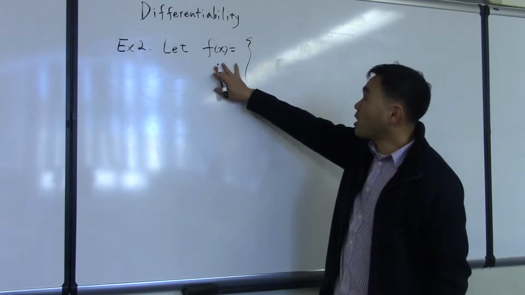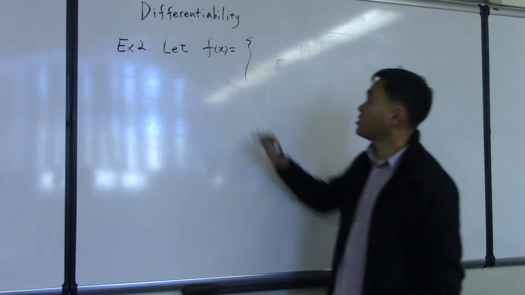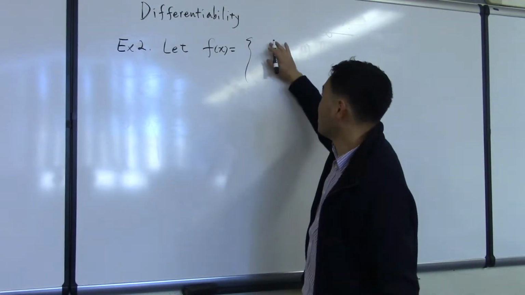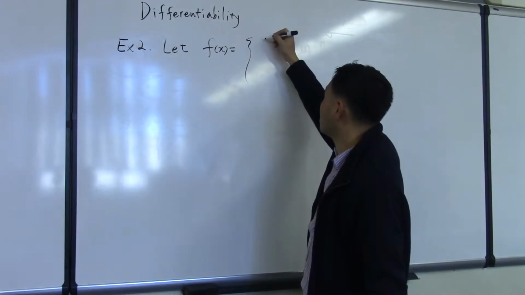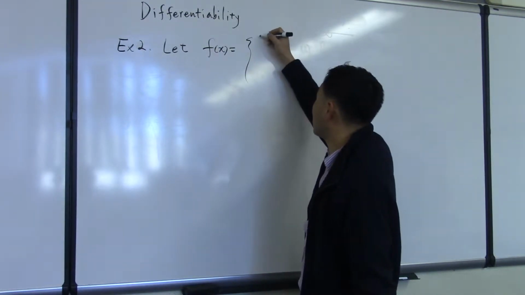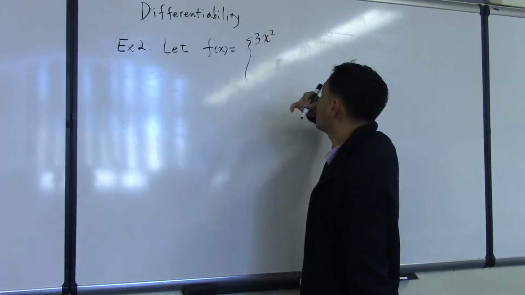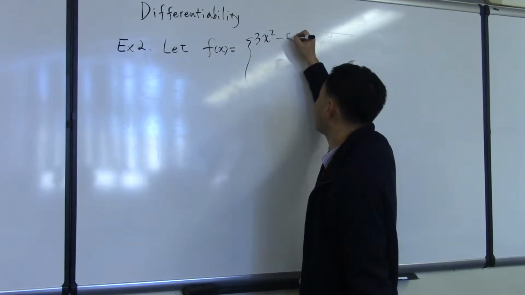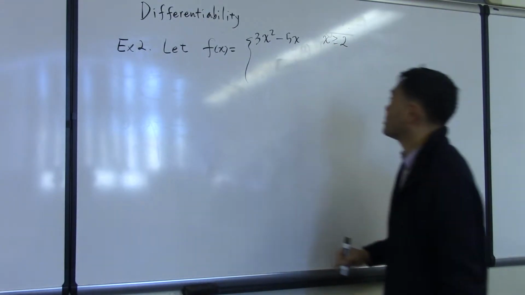So another problem that can be posed under this differentiability section is when you're given a piecewise function in the following way. Let's say you have 3x squared minus 5x if x is greater than or equal to 2.